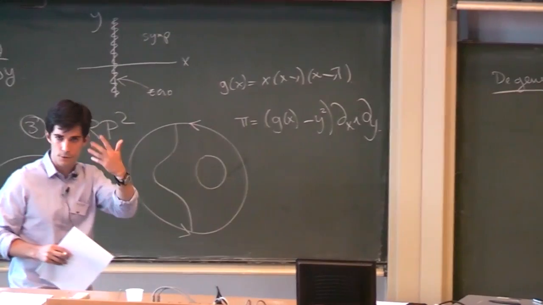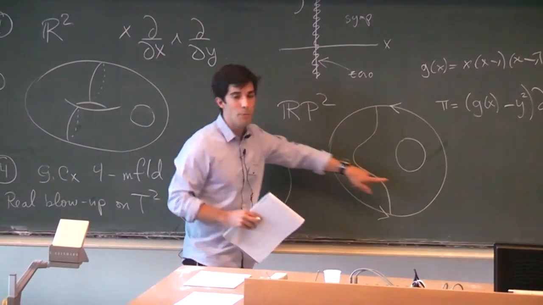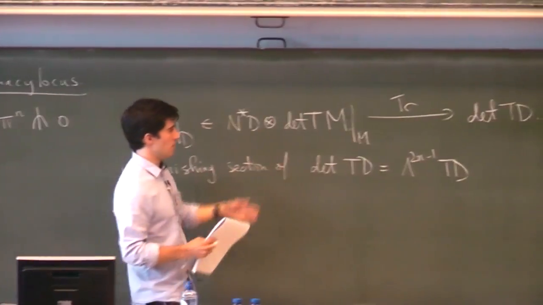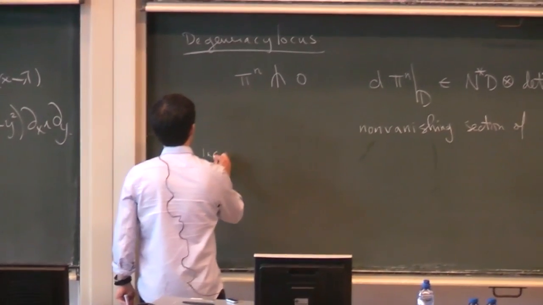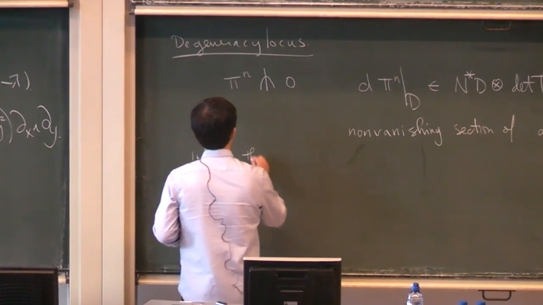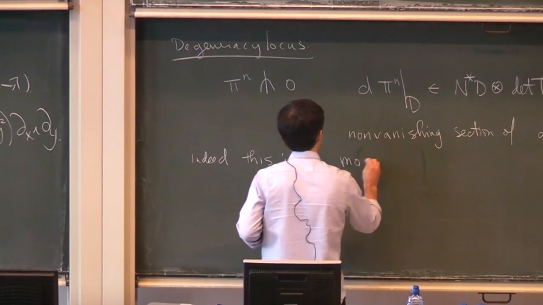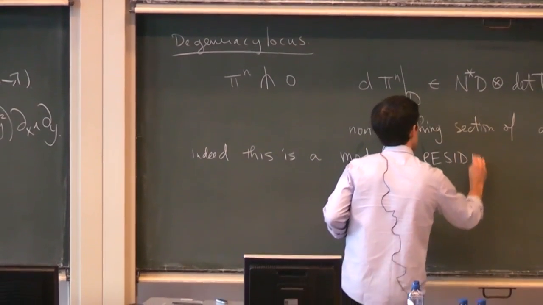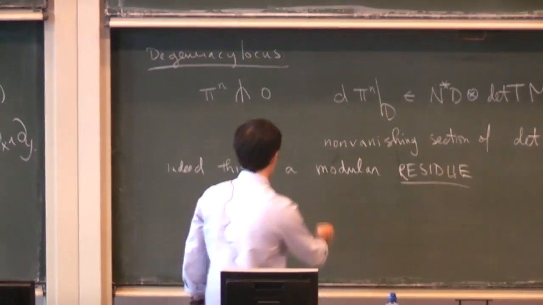If the thing is compact, then there's a number associated to it, which Radko called the modular period. This is a version of the modular period, and indeed it's an example of a modular residue.